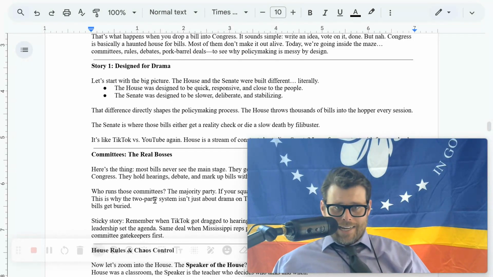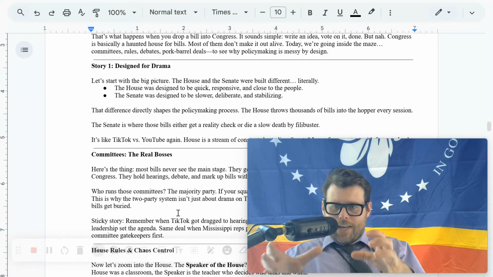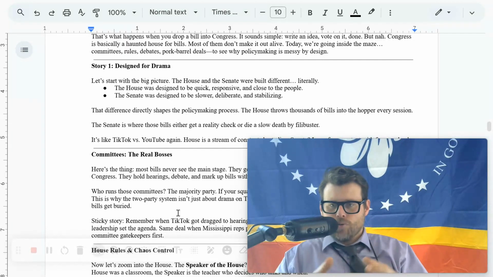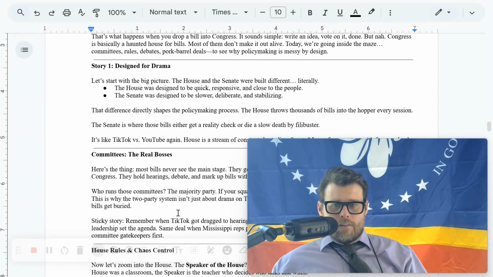The House was designed to be quick, reactive to the people's voices, responsive, and close to the people. That's why you have districts within states. That way each representative has a smaller, more homogenous district, and the constituents, the people that vote, the people they listen to and respond to, are a much smaller group. That way they can listen more effectively.